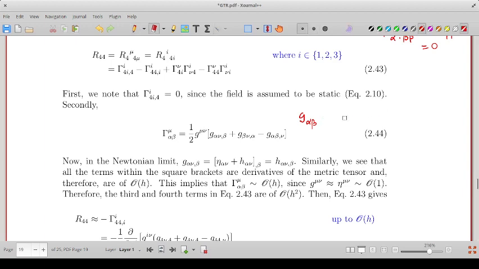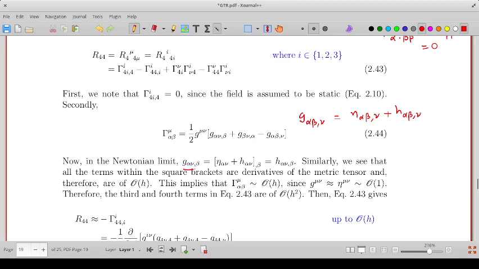So if I take the derivative with respect to x nu, I will get eta alpha beta comma nu plus h alpha beta comma nu.